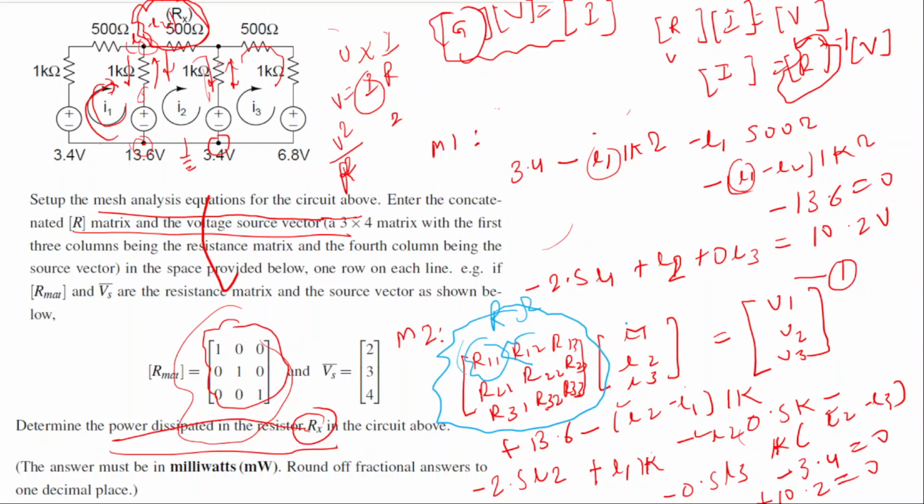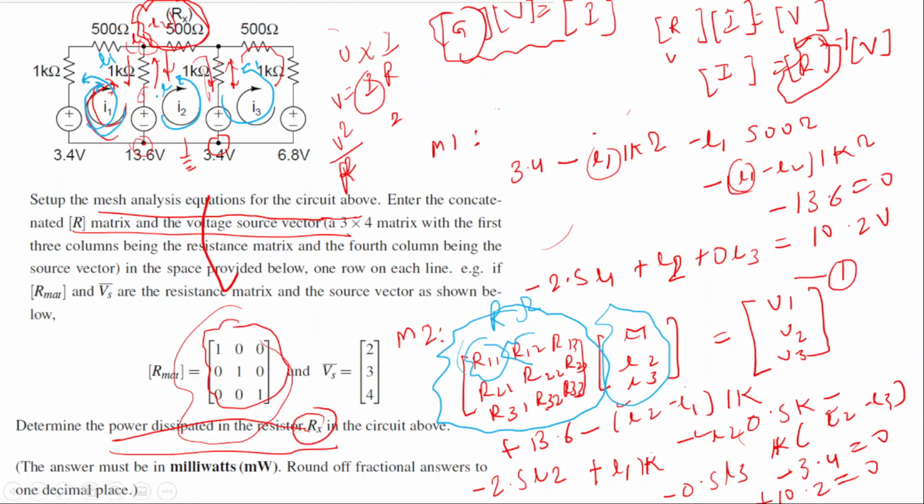So for all the negative signs, suppose you have taken some assumption, like I have said the current direction in this mesh should be this, you can take it like this also. You can take I1 in this direction, I2 in this direction, I3 in this direction. After you solve, whatever other direction you have taken, the sign will be negative.